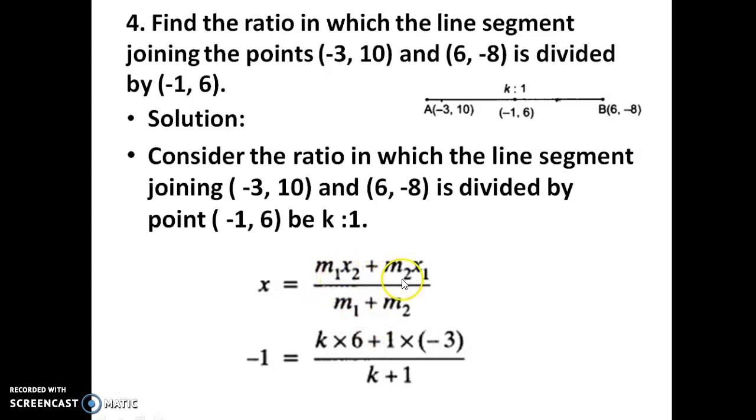Here it is m1 and m2. So substitute in this formula with m1 as k and m2 as 1. We know the x coordinate here is -1, is it not? The point which is dividing is given as (-1, 6). So the x coordinate is -1, that's why we are equating to -1 here.